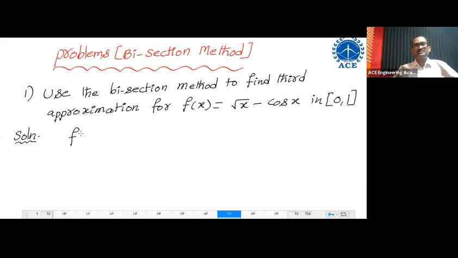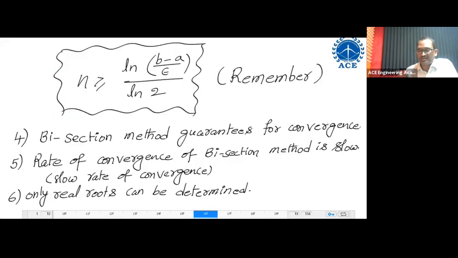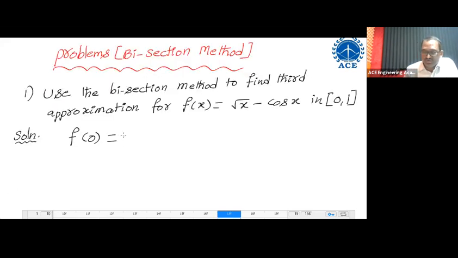If they specify degrees, only then write your answer in degrees. Otherwise, always use radians. Bisection method needs only signs, values are not required. f of 0 is minus 1, sign only required.